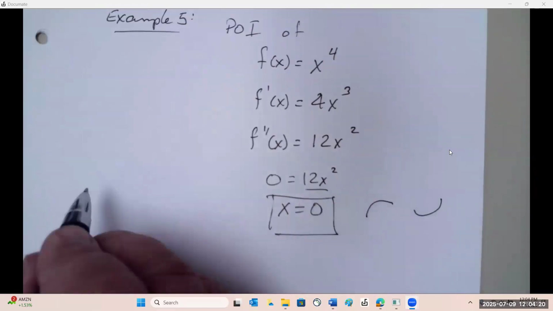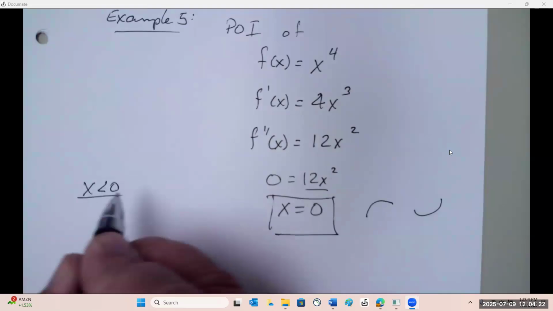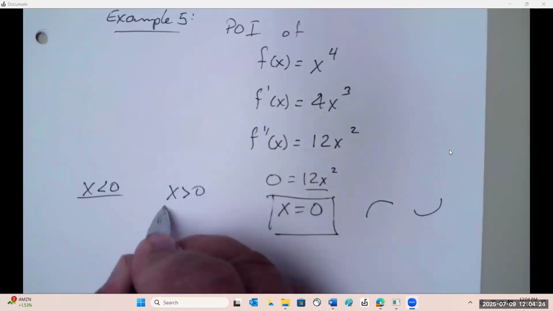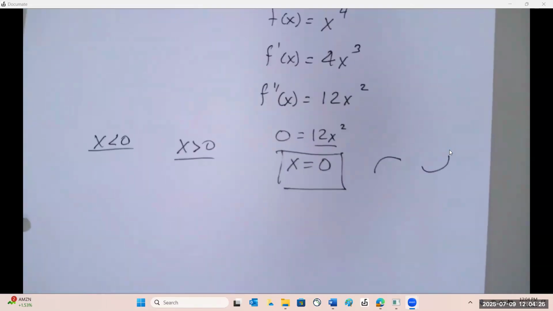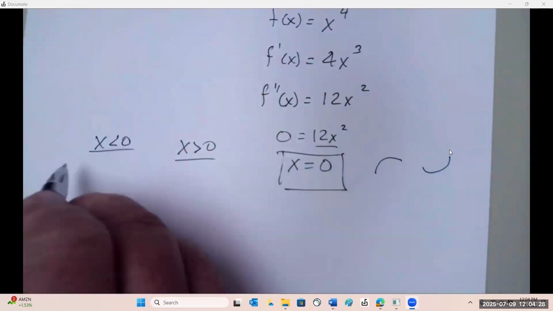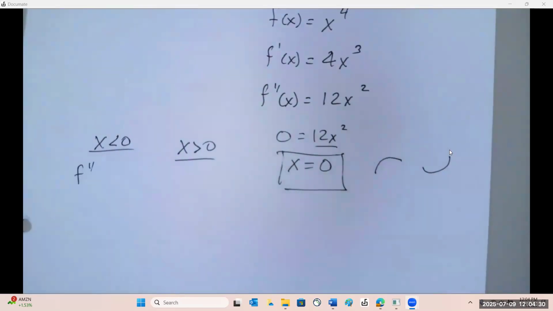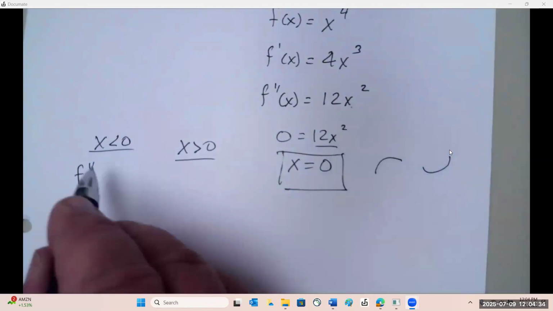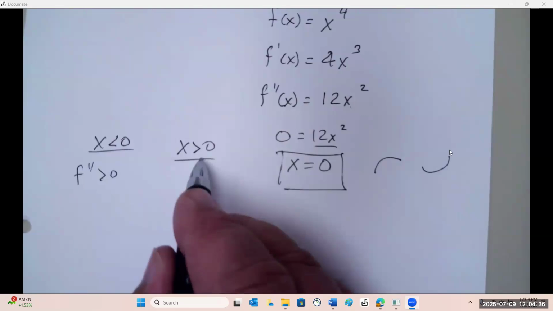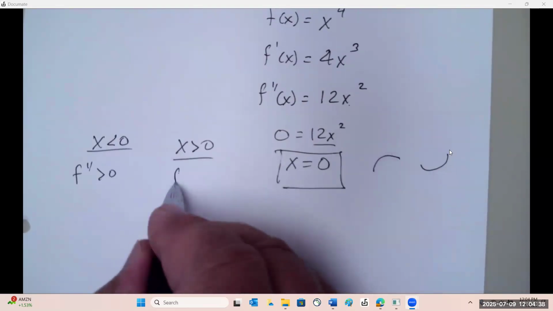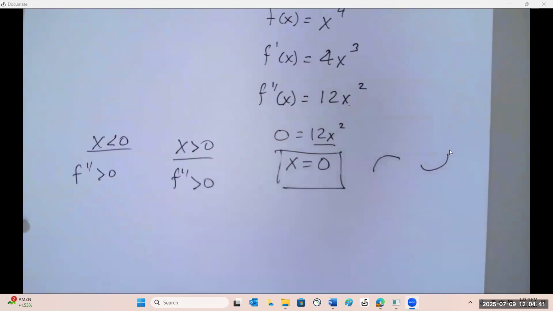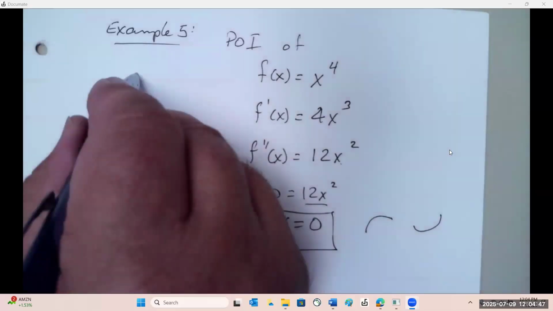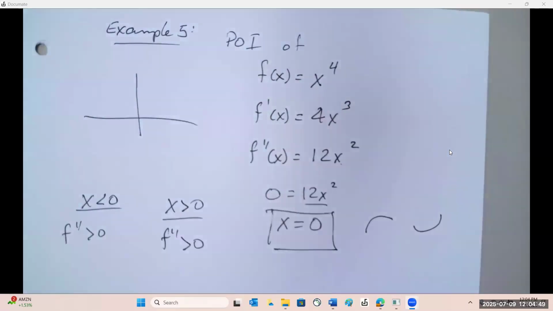Let's look at this one. If x is less than 0, if x is greater than 0, if x is less than 0, what is the second derivative? If I square it, it stays positive. If it's greater than 0 and I square it, the second derivative is positive. What does the graph look like for x to the fourth?